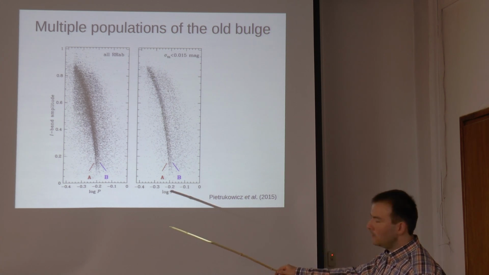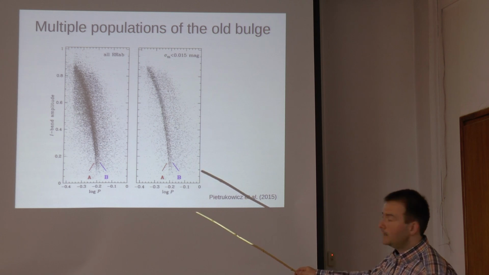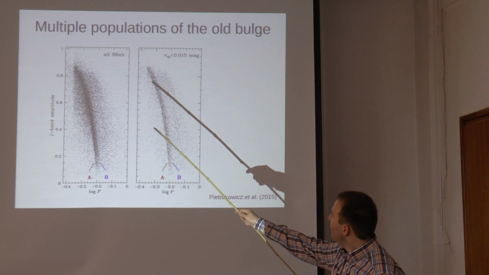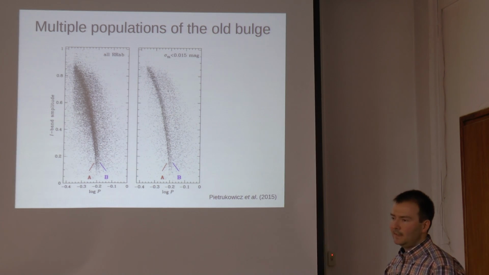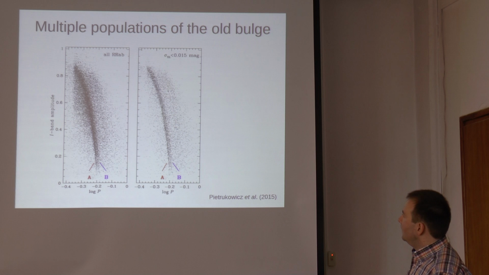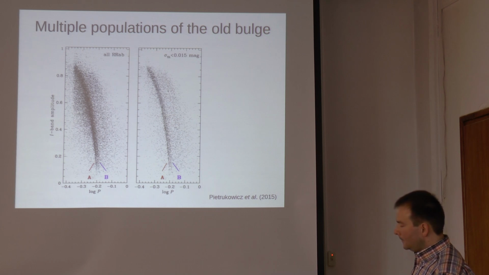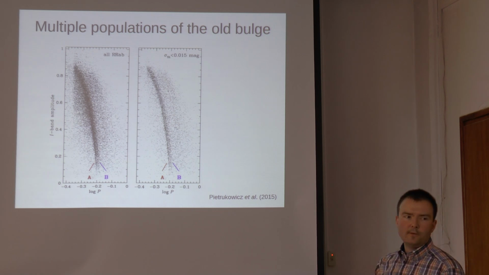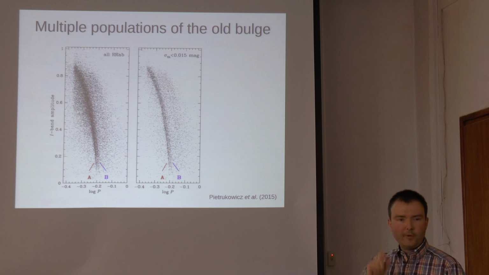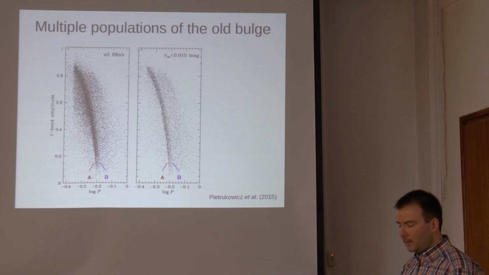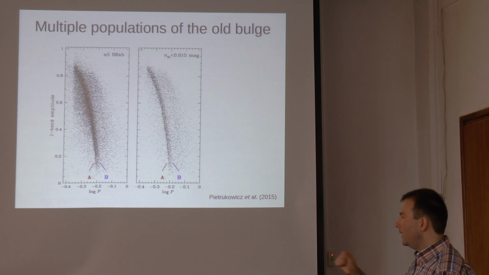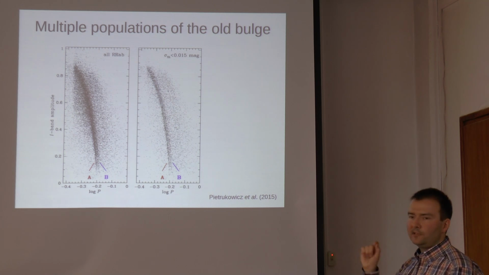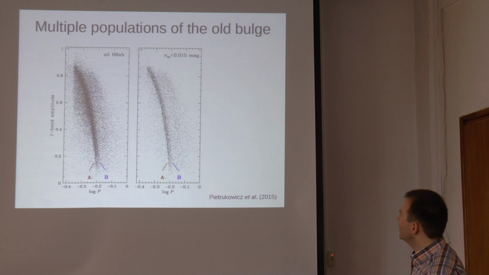You can see period of the stars, because they are pulsating stars, and amplitude, and you can see 2 close sequences, and this is interpreted as the presence of 2 slightly different populations that differ by chemical composition, slight difference in chemical composition.